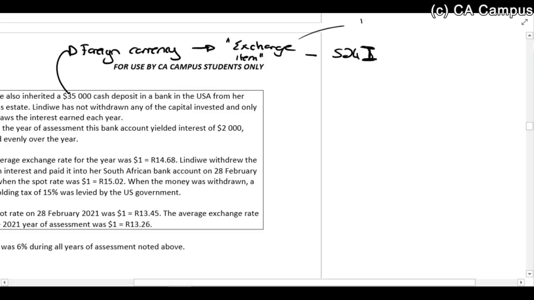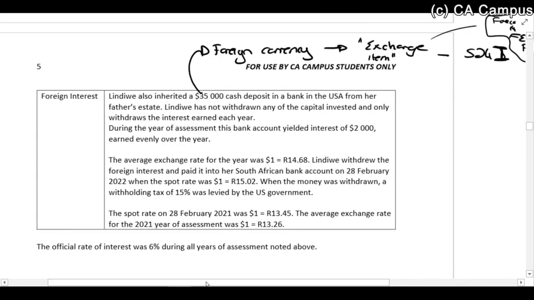Exchange items are foreign currency, foreign debt, forward exchange contracts, and foreign currency option contracts. Remember, if you have any of those, you have to calculate forex gains and losses. So that's something which I expect some of you might have missed.